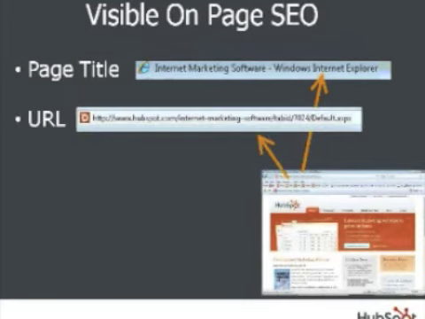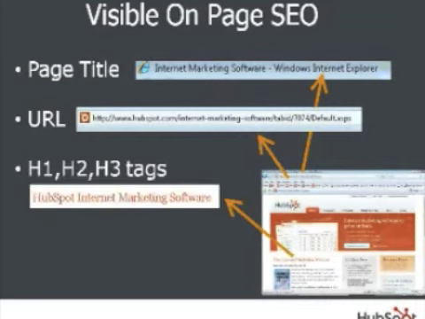The second thing is the URL. This is an older URL, different, but what you want to look for in the URL is "internet marketing software." Those keywords, again, are in the URL of the page. The third thing is the content of the page itself, and especially there are things called H1, H2, and H3 tags.